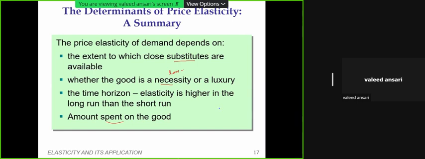Otherwise, they start explaining that the determinants of demand and the determinants of elasticity are similar. Although there is a connectedness, the factors underpinning price elasticity of demand differ from the factors that bring about change in demand.